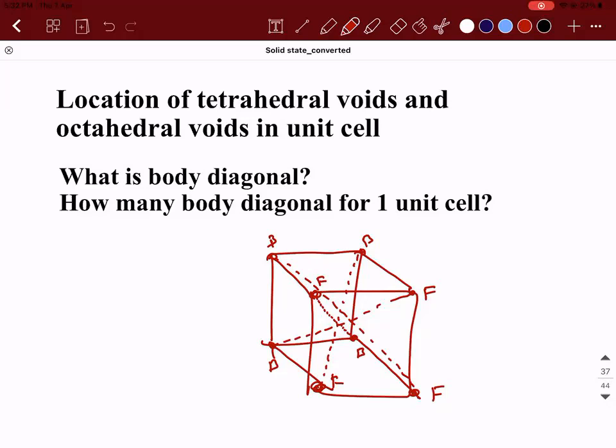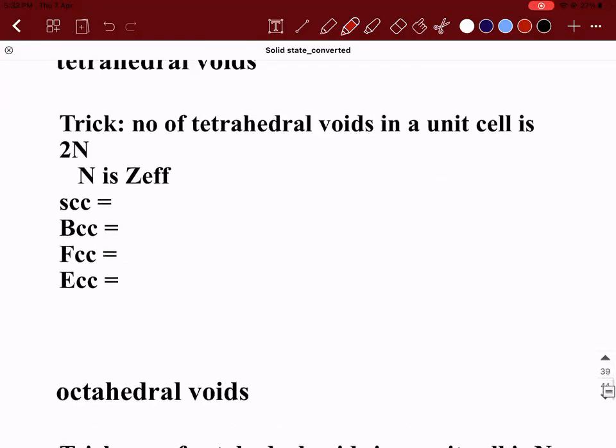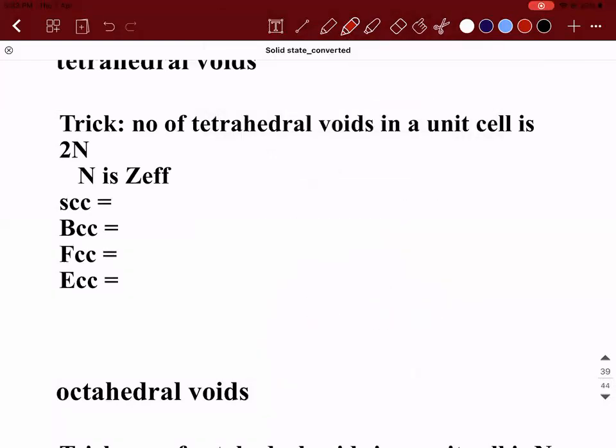Majorly you will be studying FCC, BCC, SCC, and ECC, which is nothing but end-centered. You will be covering only these 4 because that is up to your NCERT syllabus. In your NCERT, the number of tetrahedral voids in a unit cell is 2n. n is nothing but the effective number of atoms contributed to the unit cell. Do you remember?